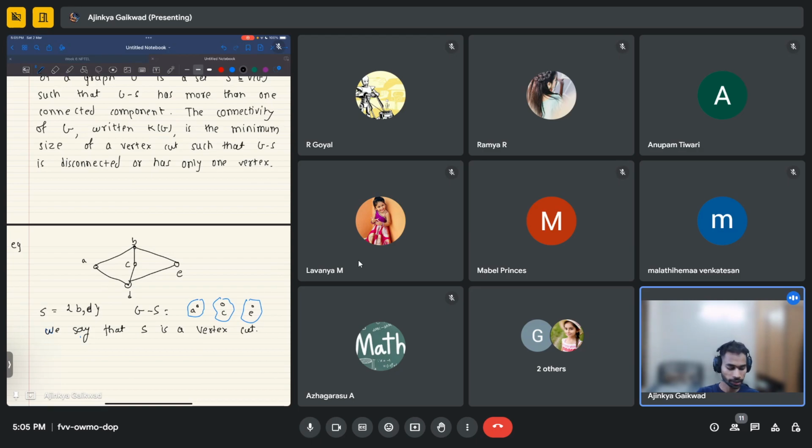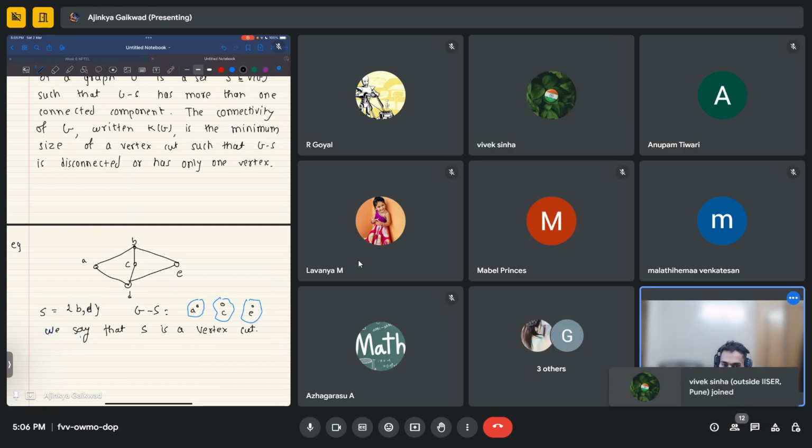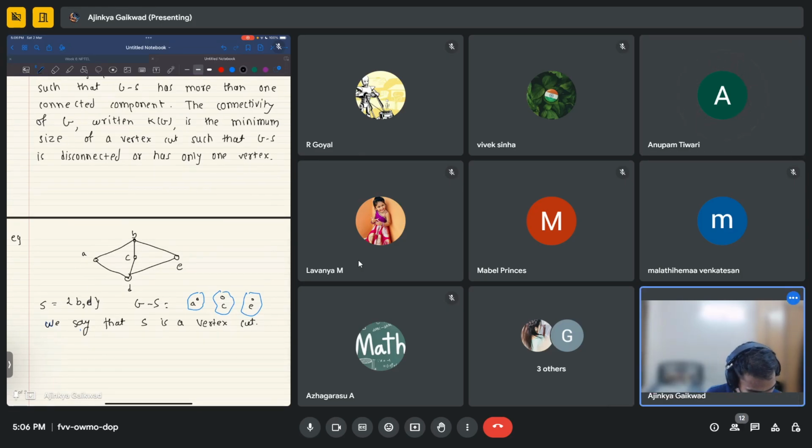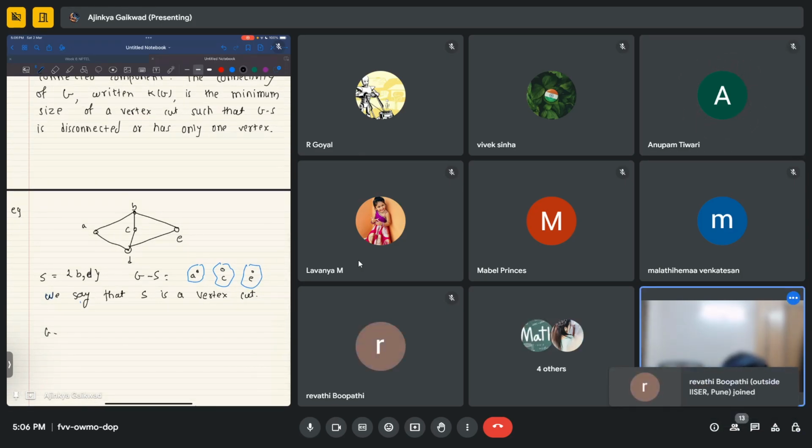Now, is this the smallest size vertex cut? Can you check if there is a vertex cut of size less than 2? Let's try: if I delete only vertex E, I'll be left with this graph. How many connected components are there?